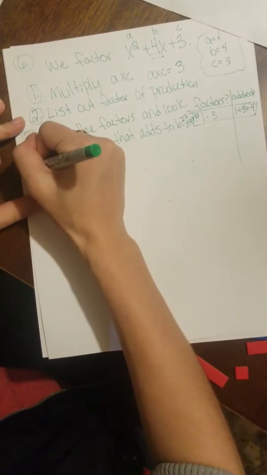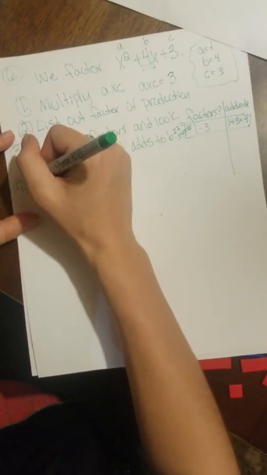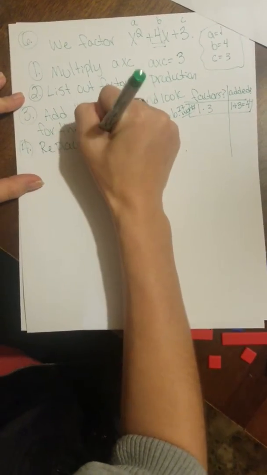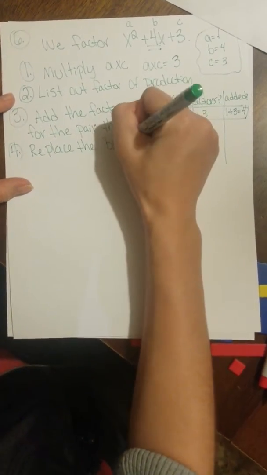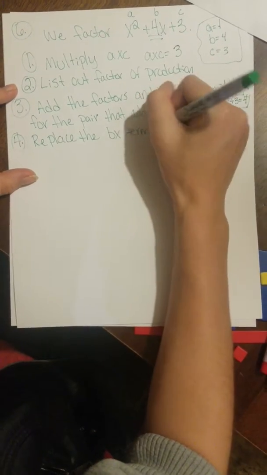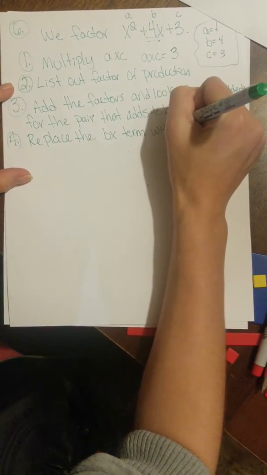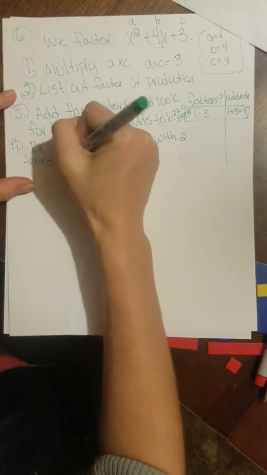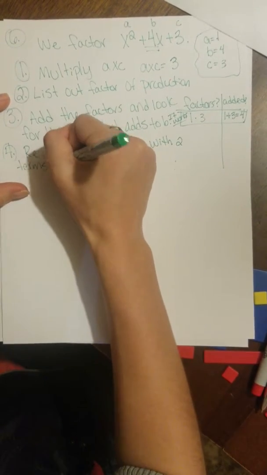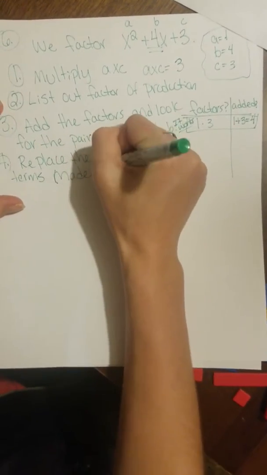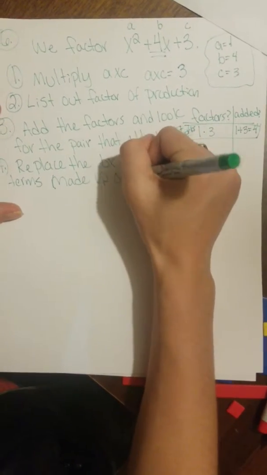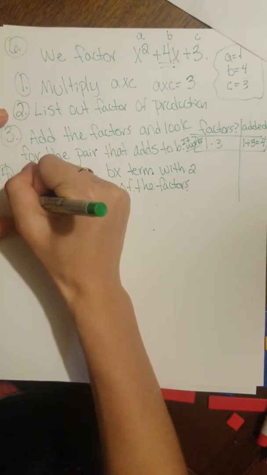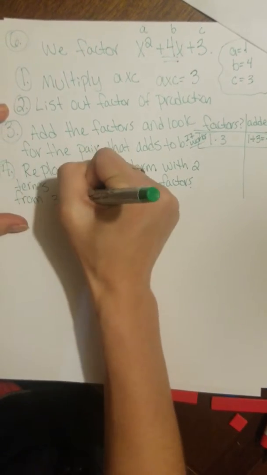Okay? So the fourth step is replace the BX term with 2 terms made up of the factors from step 3 above.